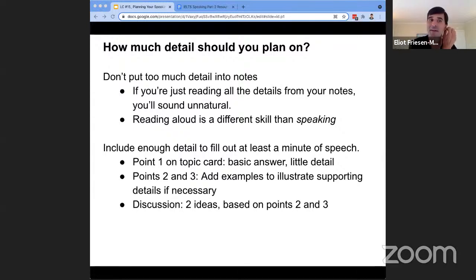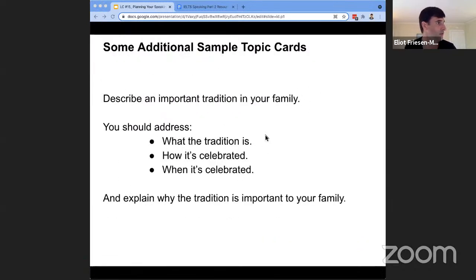And I think there's information out there online about people recommending that when you get a question card, okay, so let's go back to our tradition one, you've got a topic, and you should answer who, what, where, when, why about the topic that's provided. I'm not an expert on exactly what the guidance is, because I don't recommend it myself, but I'm aware that there's some information like that out there.